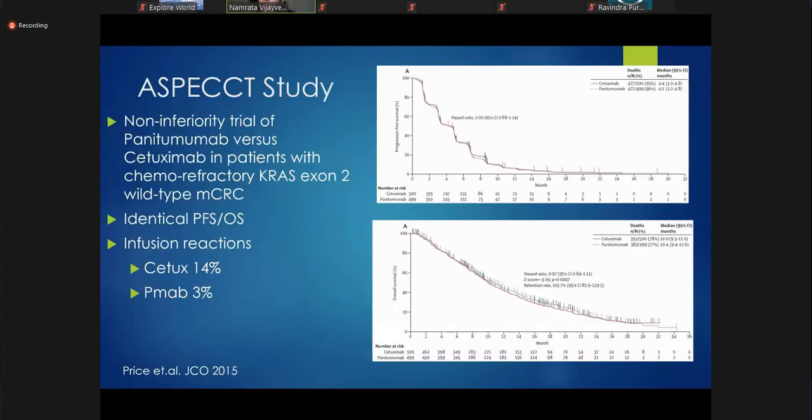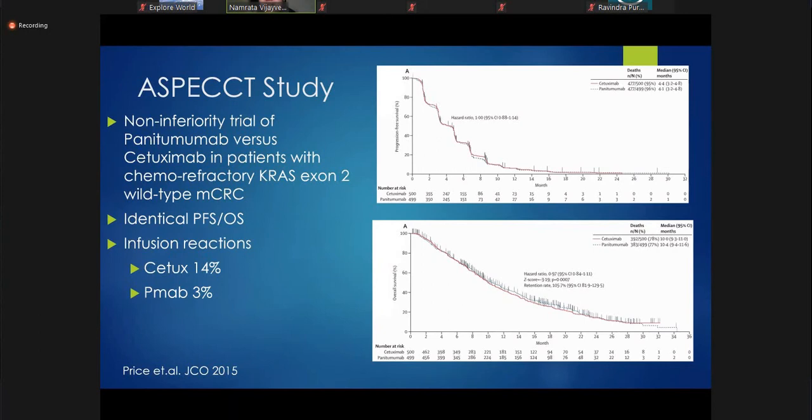Now, the other drug on the market is panitumumab, and we usually quote the ASPECT trial from Price et al. about it being similar. There's multiple studies that came after it, but this was a study where half of the people got cetuximab, the other half got panitumumab in the refractory setting for wild-type metastatic CRC, and there was identical PFS and OS.